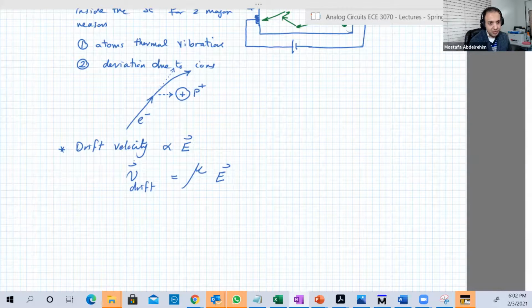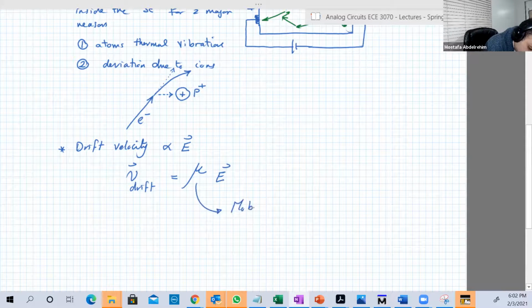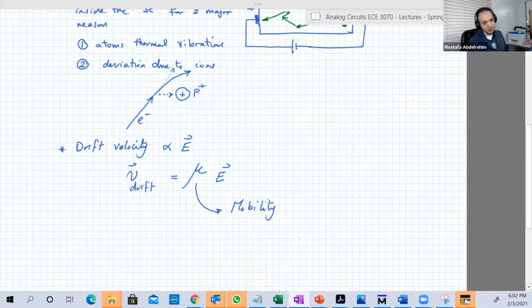And this mu is called the mobility, that's why they call it mu, the mobility of the electron, or the hole, it's general here. This relation holds, I mean it's linear, when the electric field is small enough. Of course, don't worry about that in the exam, midterm or quiz. I will tell you whether the field is large enough or small enough.